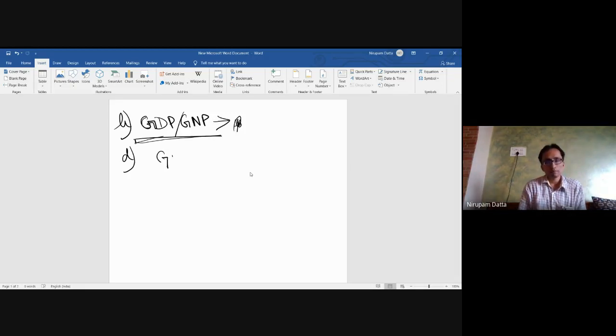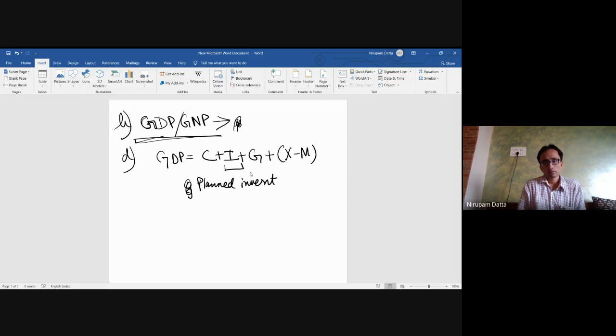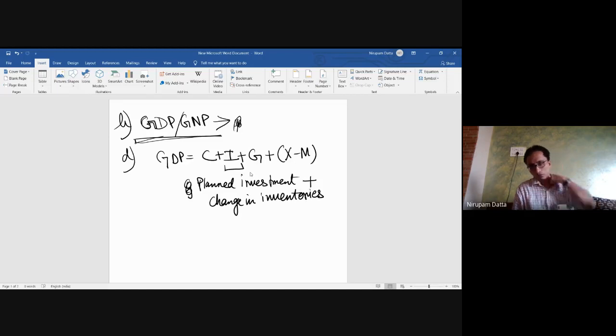So, GDP is nothing but C plus I plus G plus X minus M. So, I is nothing but planned investment plus change in inventories. Okay. So change in inventory.